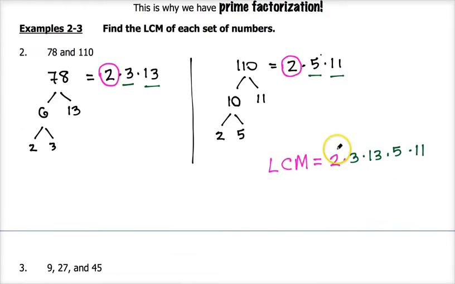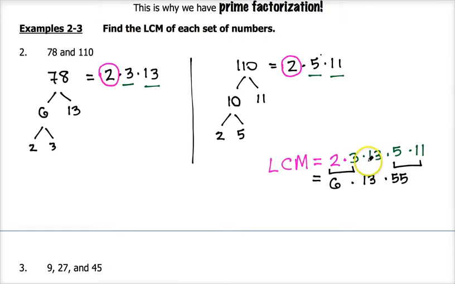So we need to do a little bit of multiplication here. So I'm going to split this up into pairs. I'm going to do 2 times 3, which is 6. 13 I'm going to bring down for a moment, and then I'm going to do 5 times 11, which is 55. Remember, multiplication you can multiply in any order if it's all multiplication.